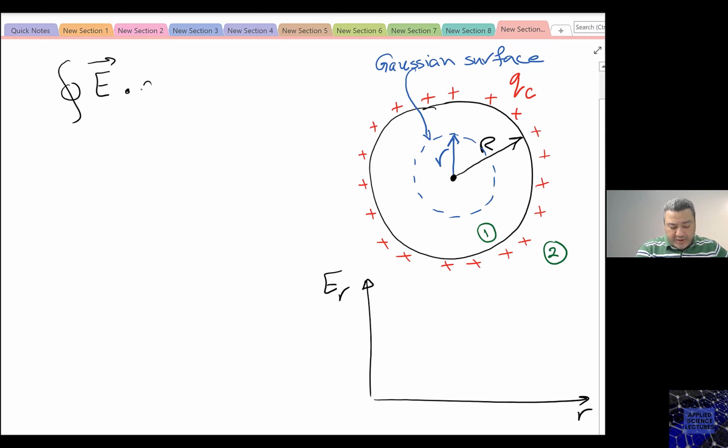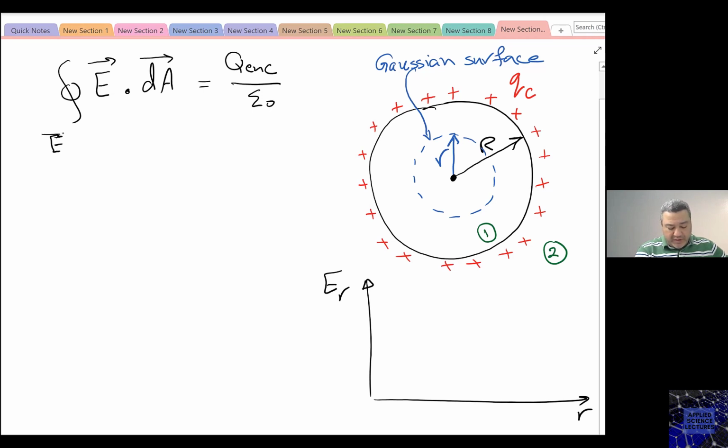We know that Gauss's law states that the closed surface integral of the electric field over the surface equals the charge enclosed within this closed surface divided by epsilon naught.